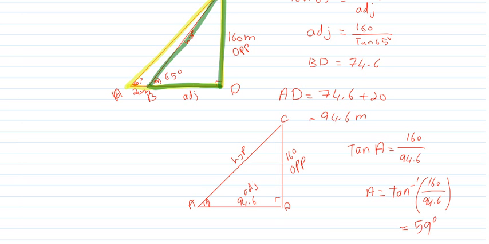Okay, so this is like a two-step question where it's not solved in one step. You have to look at the two different triangles, and then you're going to have to be able to manipulate your work in order to find the answer. Are we okay with this?